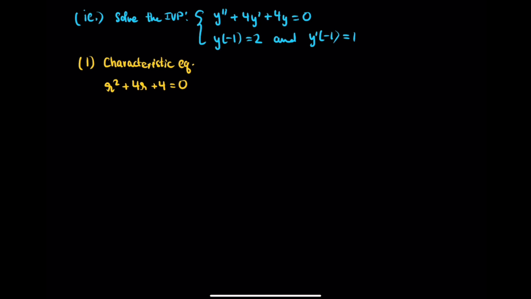And so that means (r plus 2)(r plus 2) equals 0, and therefore (r plus 2) squared equals 0. So you have one repeated real root, right? r equals minus 2.